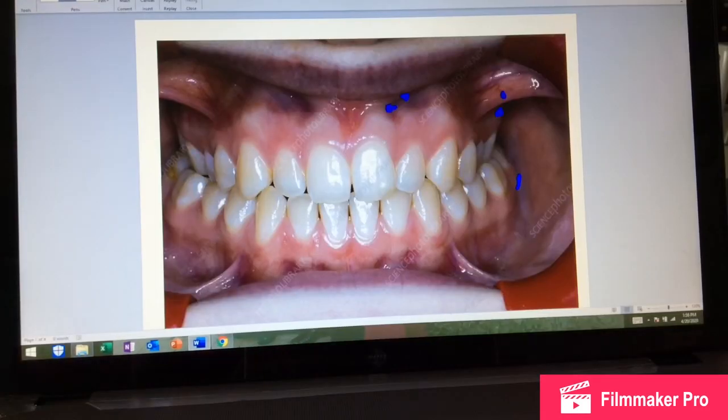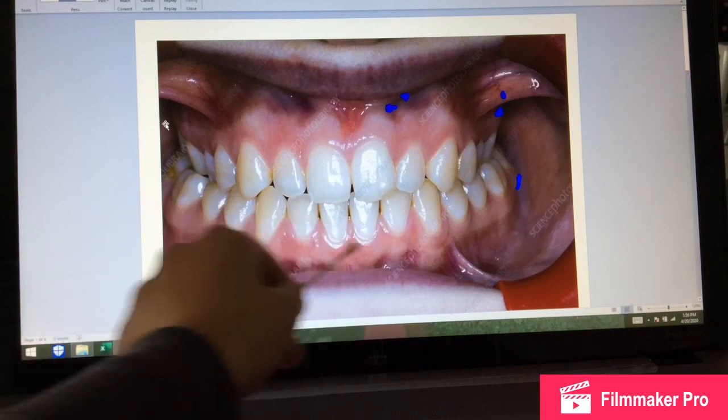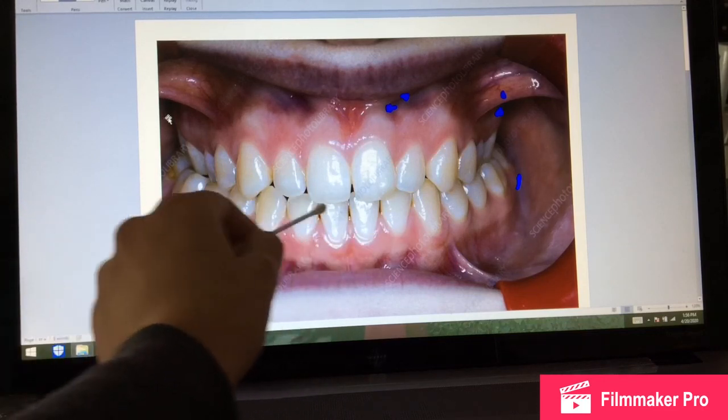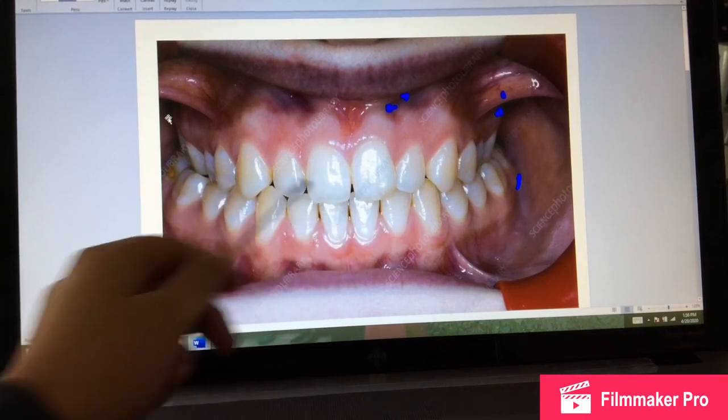Okay, so our next tooth is number 25, and we're going to need to block this area here of the incisors. That's going to be using our IN block in order to block this section right here, including tooth number 25.